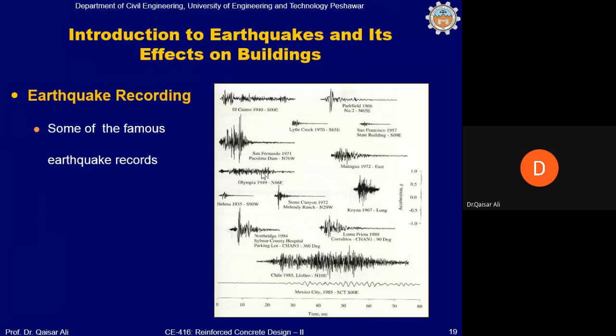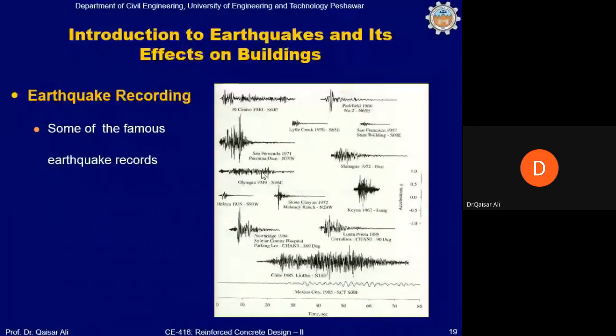We in our university also use this record in our shake table testing, because this record is digitally available and it has a frequency component and amplitude which is mostly required in low-rise structures.